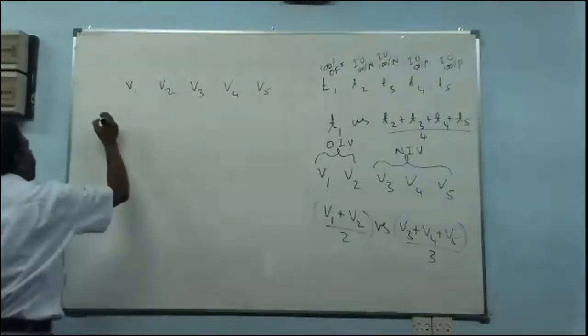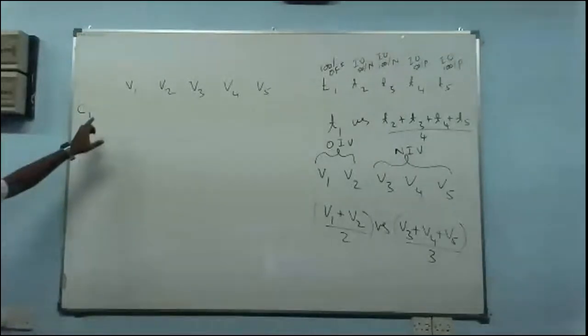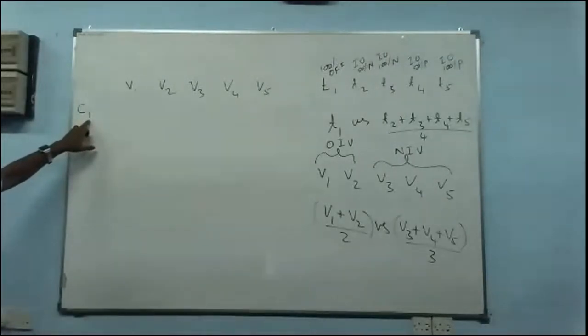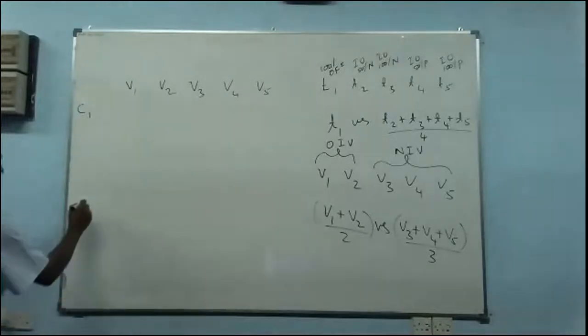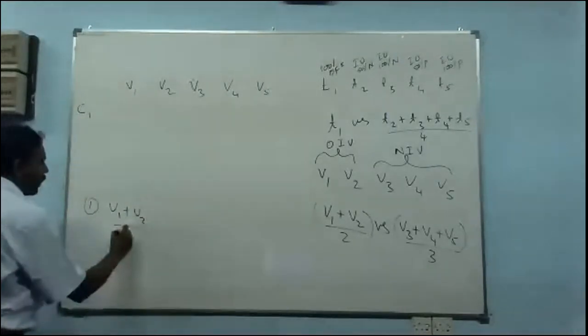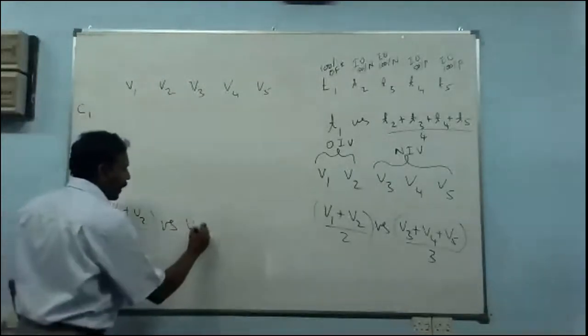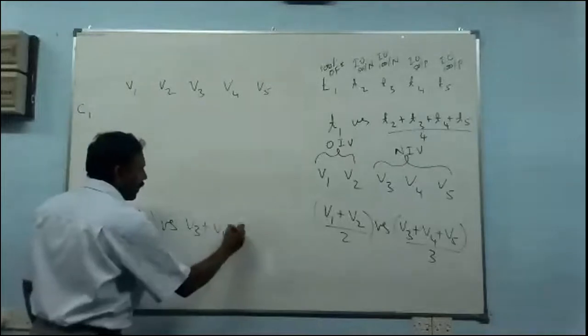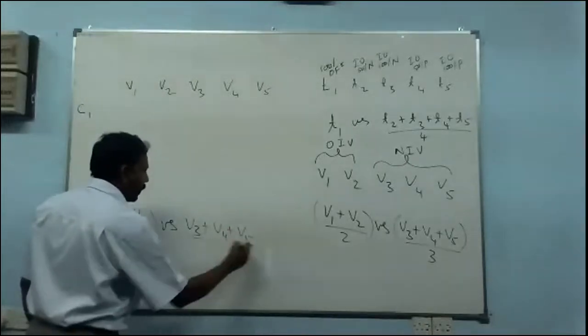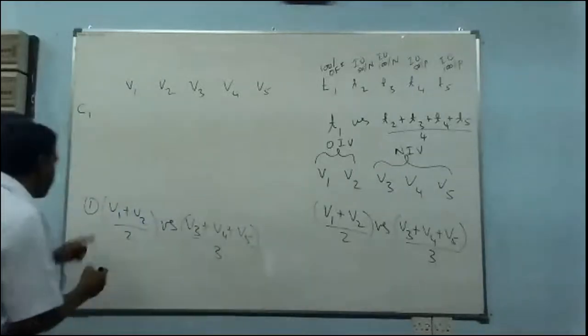So my first contrast, I will put it as contrast 1. All right. My objective is V1 plus V2 divided by 2 versus V3 plus V4 plus V5 divided by 3. That is my first objective.